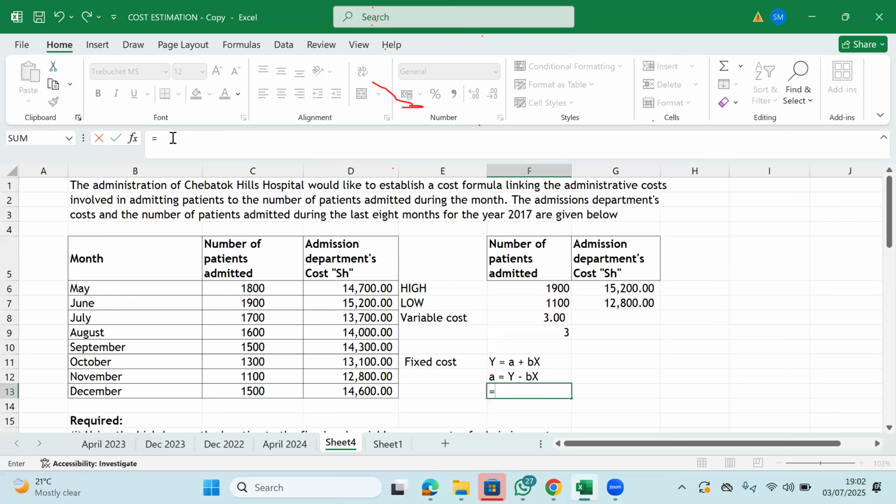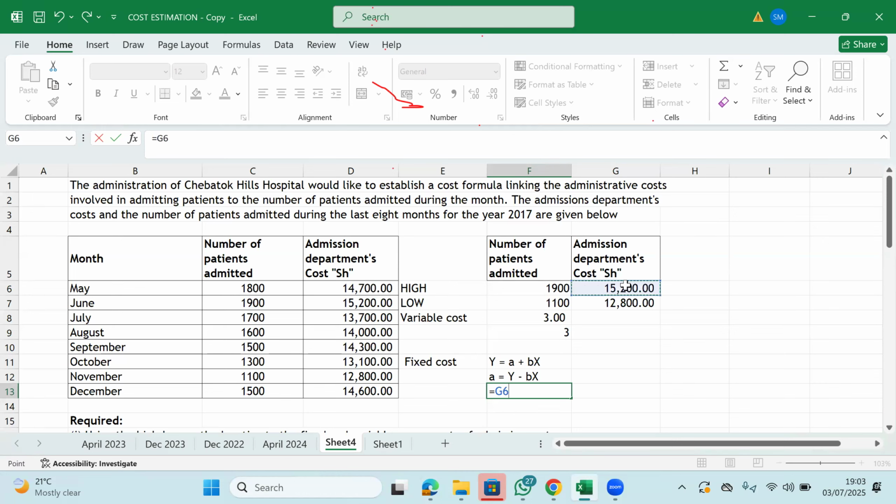So for us to get our A, we can either choose to go with the highest or the lowest. So our Y, we can choose the highest.